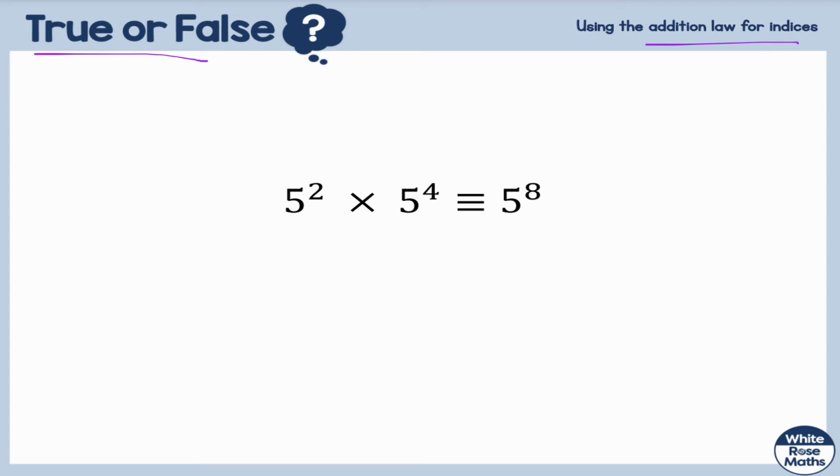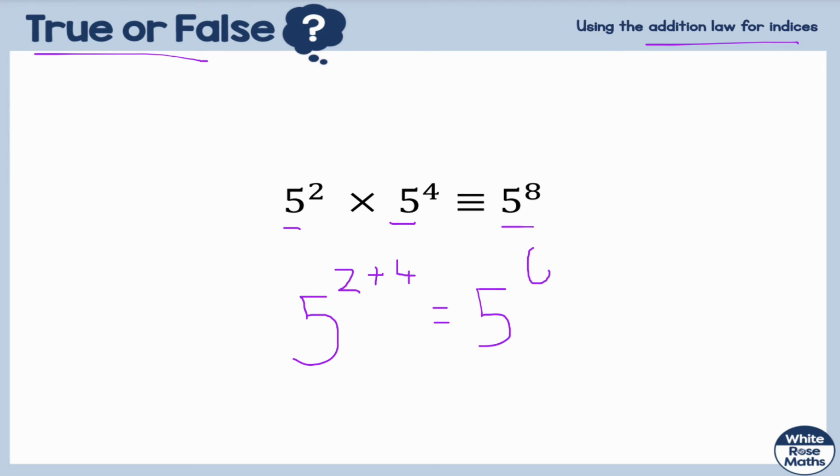Well, this is actually false because when I multiply with the same base, I add the powers. So I do 5 to the 2 plus 4. Now 2 plus 4 gives us 6, so it's 5 to the power of 6.